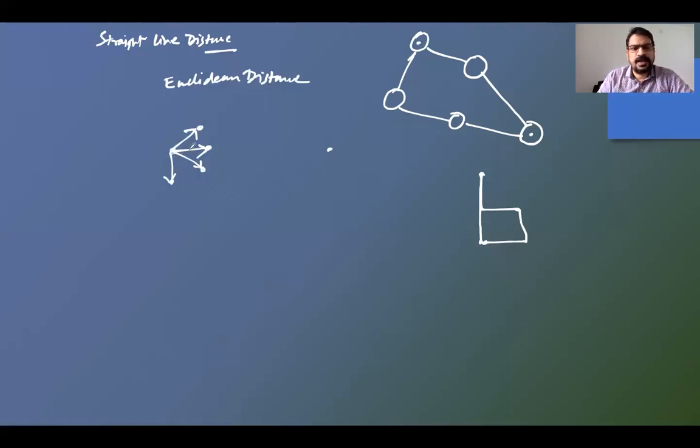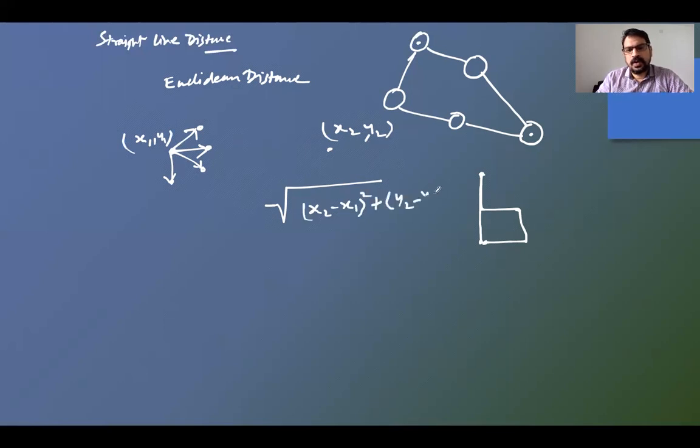Let's say from here to go here, this point is x1, y1, and this point is x2, y2. With the help of Euclidean, we can find the Euclidean distance as the square root of (x2 minus x1) whole square plus (y2 minus y1) whole square.